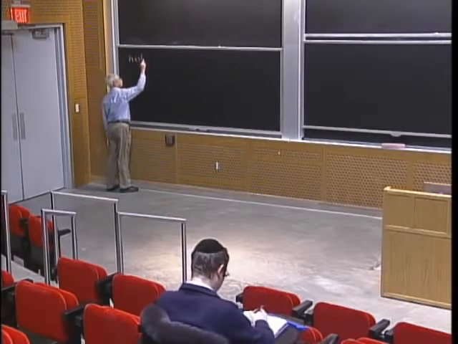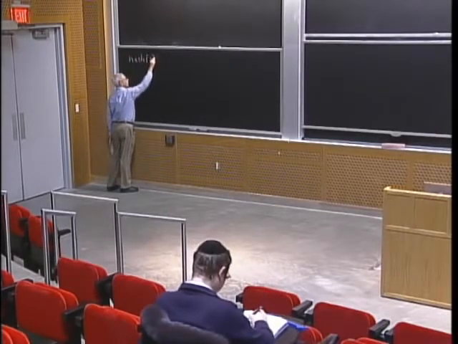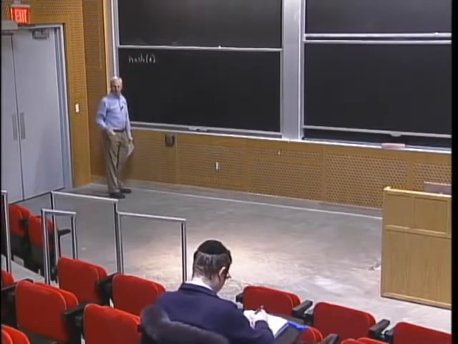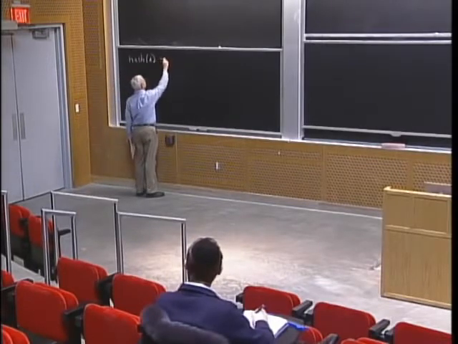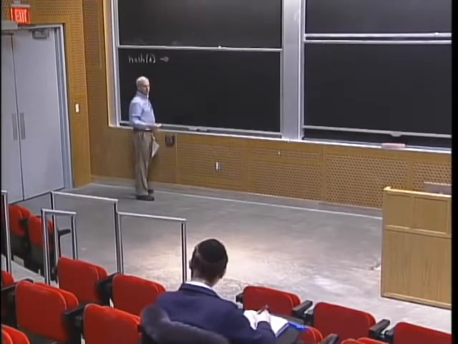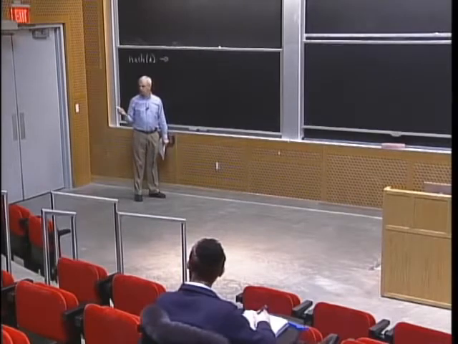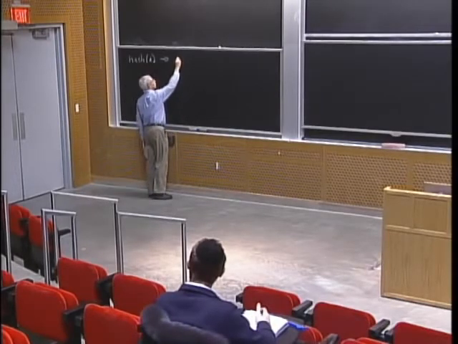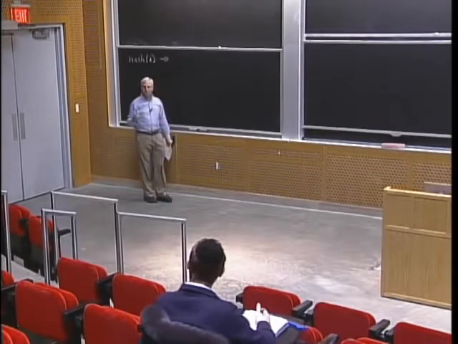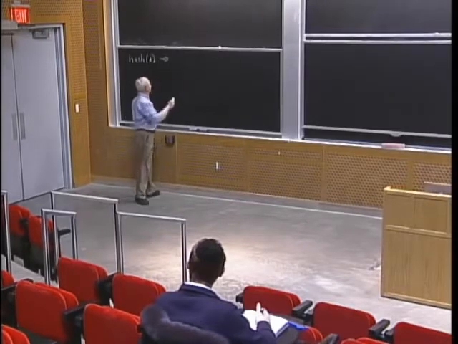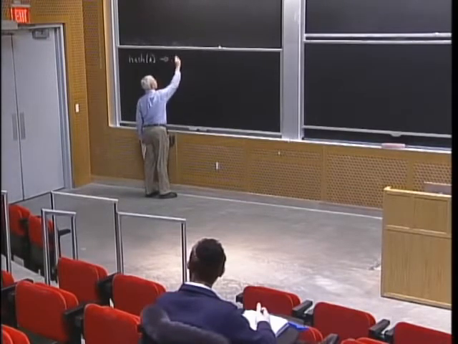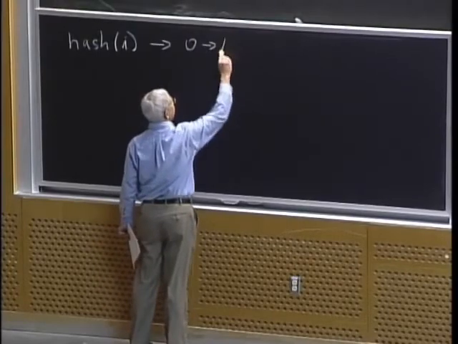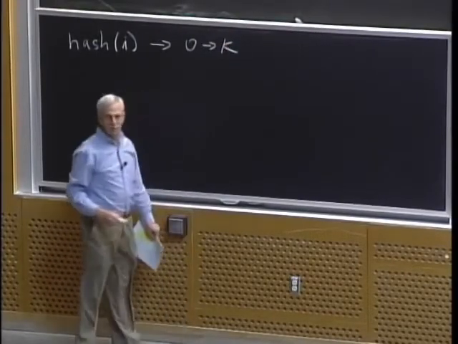Now, I'll tell you what that means in a minute. And what a hash function does is it converts I to a different integer, perhaps, in some range. So it converts I to some integer in the range 0 to k for some constant k.